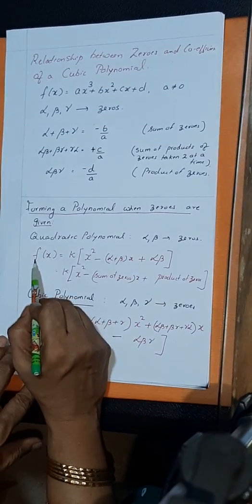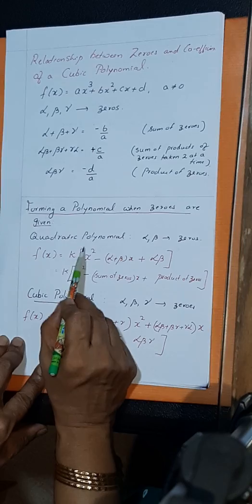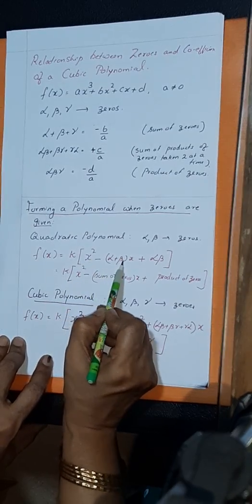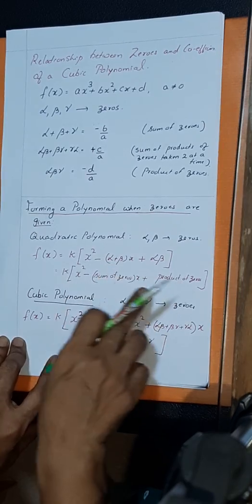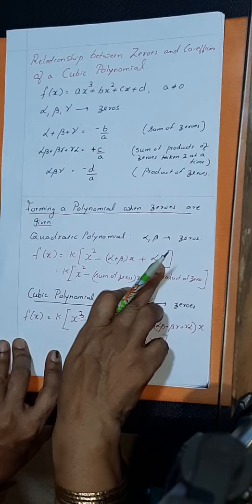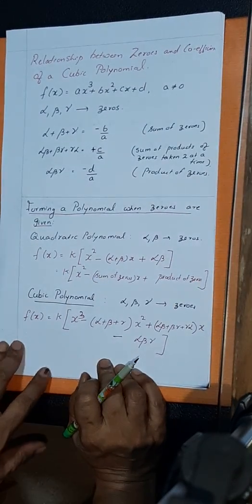Then the quadratic polynomial f(x) is equal to k into x squared minus the sum of the zeros into x plus the product of the zeros, where k is any constant. So if you simply substitute in this, you will get the required polynomial.